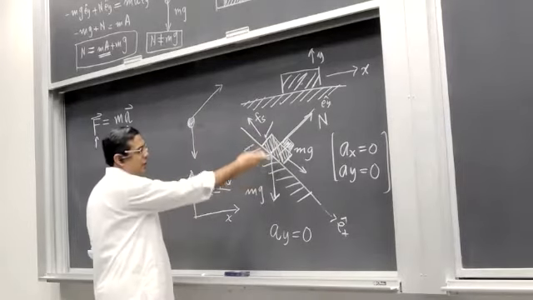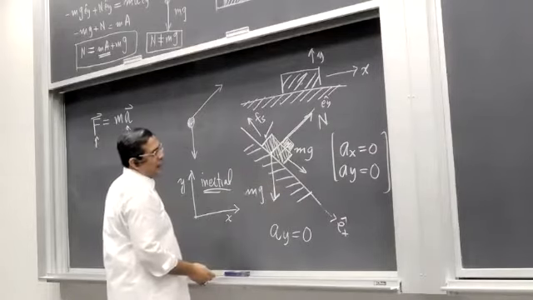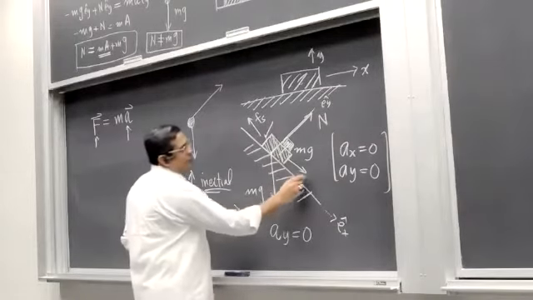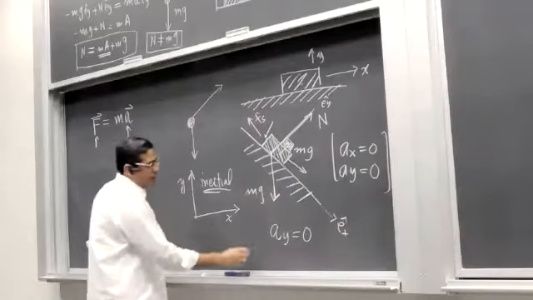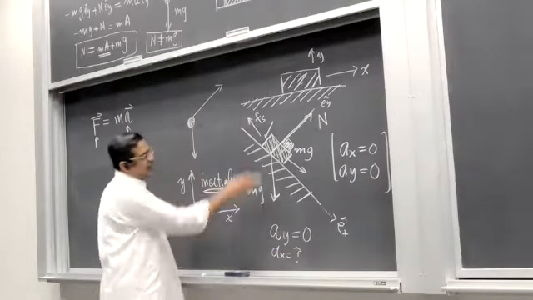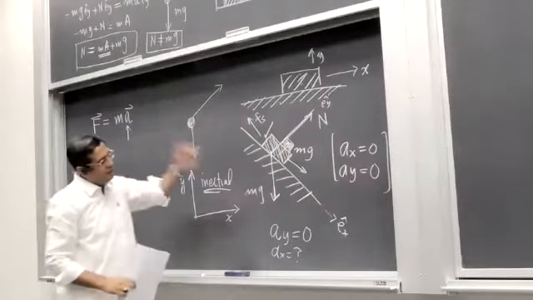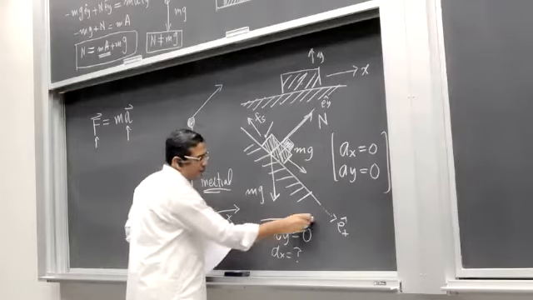We imagine that this object keeps contact with the plane as it moves down, and we would have a non-zero acceleration. That's an unknown. a_x is now unknown. We will have to find what a_x is, the acceleration of the object along this surface, and a_y is 0. So this is a constraint equation.